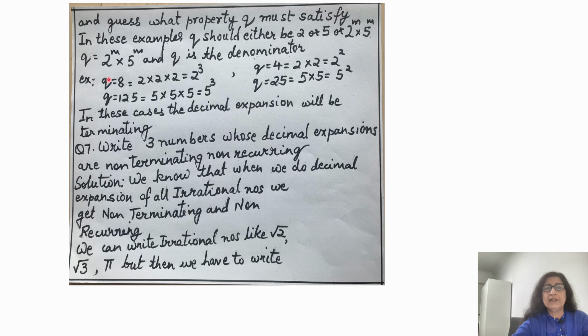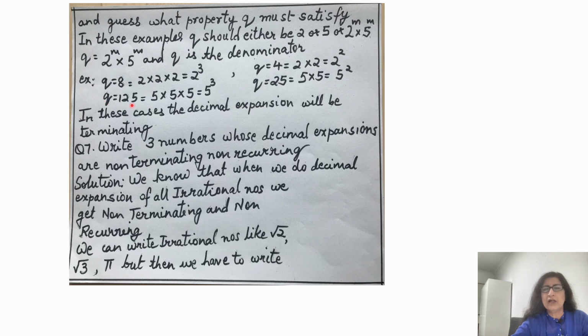So if q is equal to 8, it can be written in the form of 2 multiplied by 2 multiplied by 2. This is equal to 2 to the power 3. Now if q is equal to 4, it can be written in the form of 2 multiplied by 2, which is equal to 2 to the power 2.